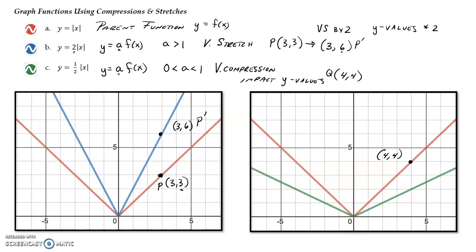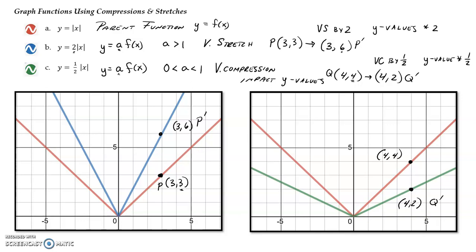And if we are performing some type of vertical compression by 1/2, right, we're going to be taking that y value times 1/2. Right, so we're looking at this 4, multiplying it by 1/2, and that's going to give us a new point. We're going to get the point 4, 2. So we'll go ahead and call this Q prime. Right, and that's going to be on our new graph. Here's our point 4, 2, which is on the graph of y equals 1/2 times the absolute value of x.